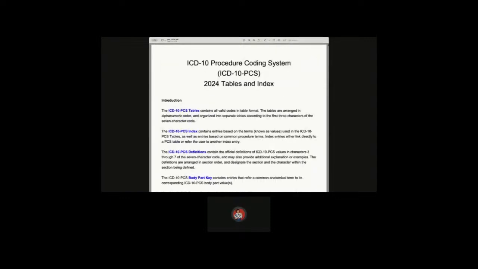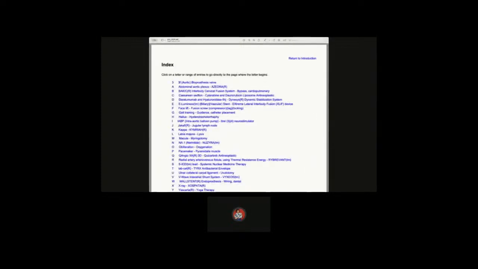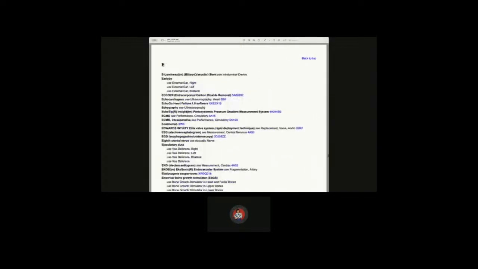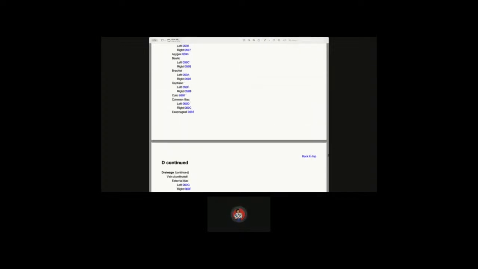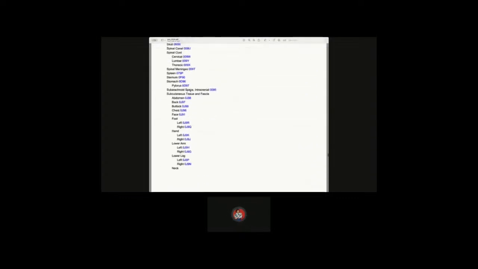Now we must go back to the index, and in the index, we're going to go to drainage. I think I'm going to go to the letter E and go backwards because maybe that'll get me to drainage faster. Yep, absolutely. All right. And so this particular time, it was perianal. Now, you remember I told you always go back to the very beginning.